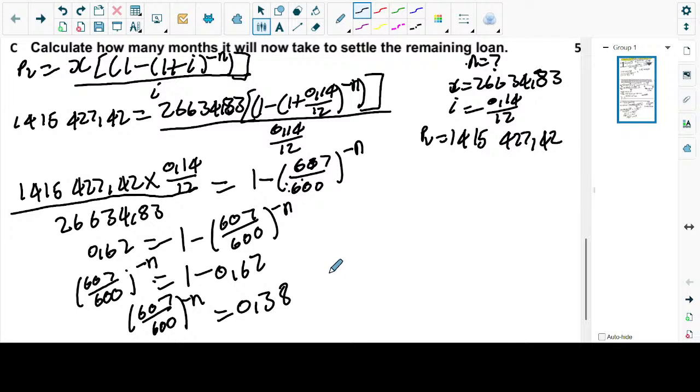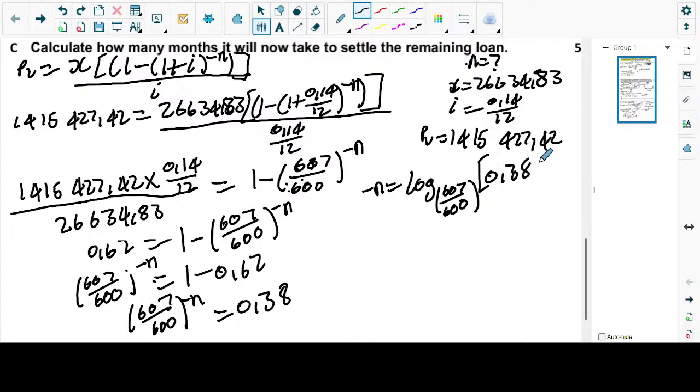Now we're going to put everything in log again. We say minus n is equivalent to the log of 607 all over 600, close bracket, open bracket 0.38.